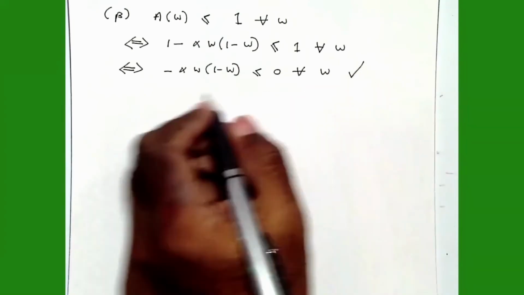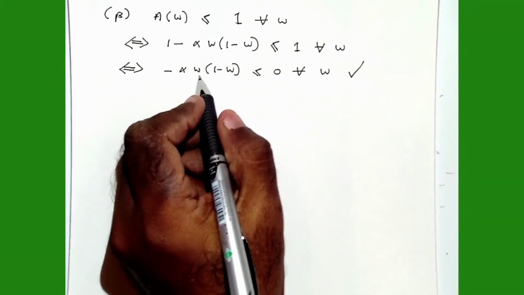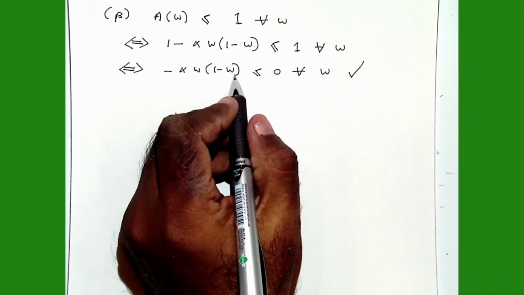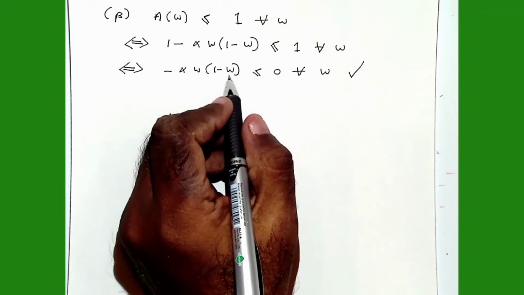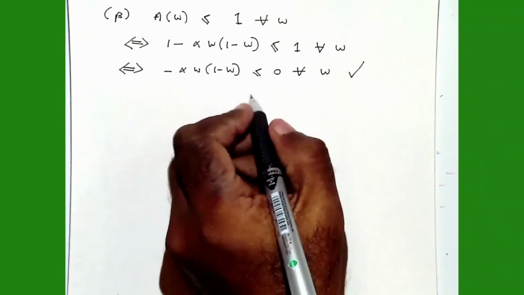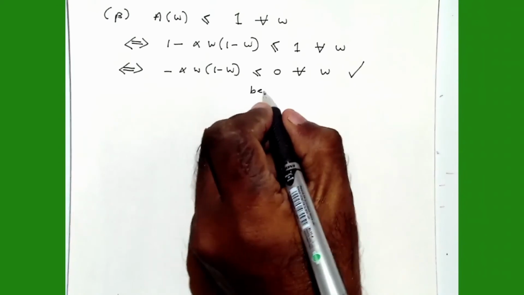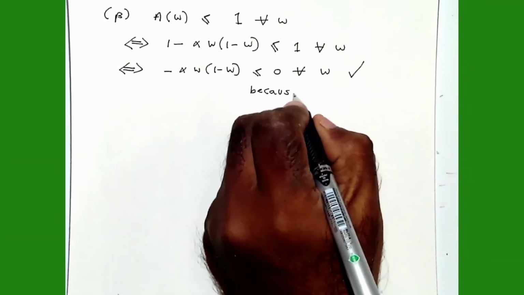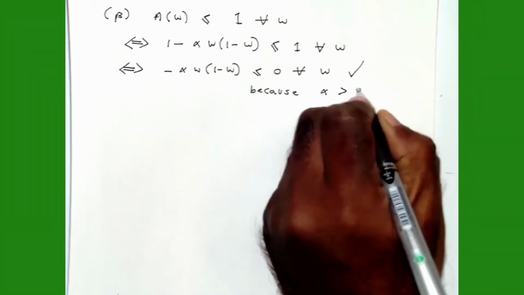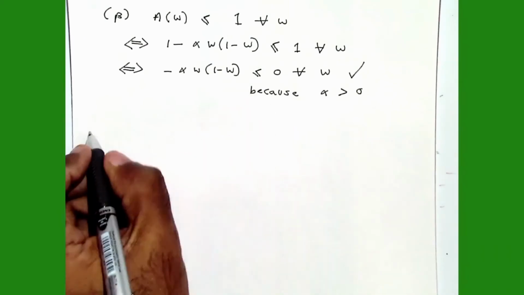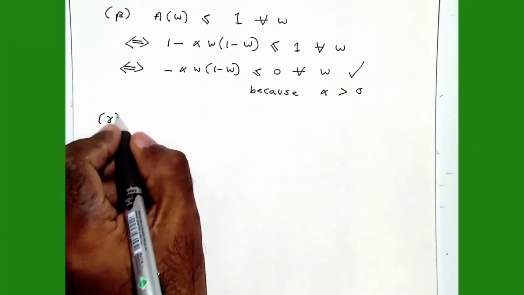And this is always true because w is a number between 0 and 1, 1 minus w is also a number between 0 and 1, and alpha is a positive number. We are assuming that alpha is a positive number, all right? All right, now next, gamma.